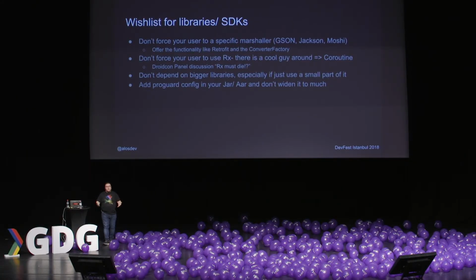Don't say, well, the market's current state of the art is JSON. To one degree, that's true. But the point is, engineers also develop themselves. They evolve. They go in new directions. Try to create something like Retrofit did with the converter factories, where you can define whether you want to use Moshi, JSON, or Jackson.